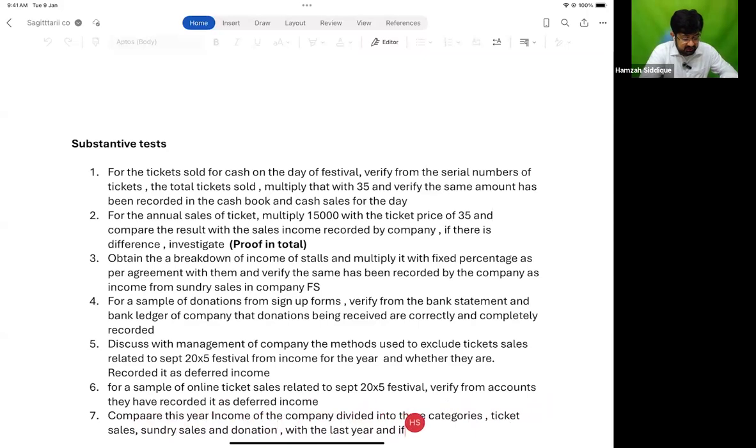And if there is any difference, investigate.